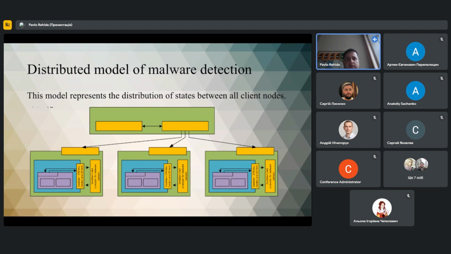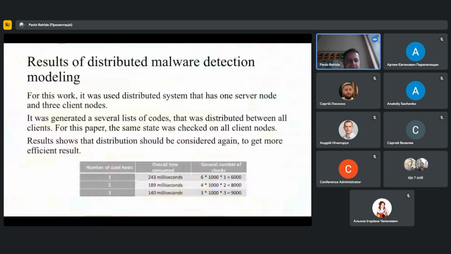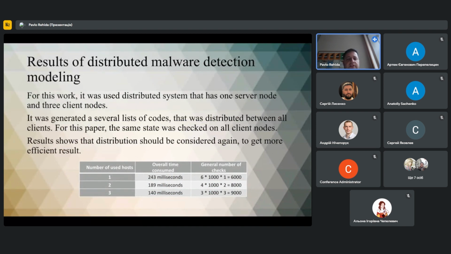So we need a lot of computational power in order to check everything that was discussed. So we decided to use a distributed model, and this distributed model is used to share these states to be checked on different clients.